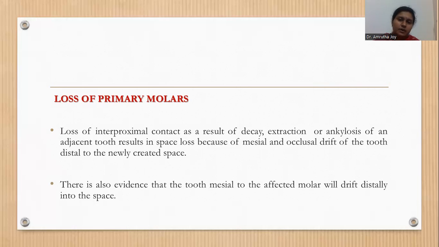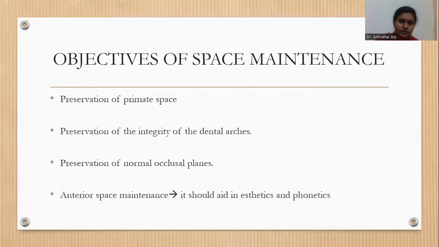Usually, if the primary molar is lost, the distal tooth, that is the second deciduous molar or the erupting permanent first molar, will drift mesially. If it is lost during the time of eruption of incisors, then the canine and the anterior segment will shift distally, and both these can cause space loss or arch perimeter loss.